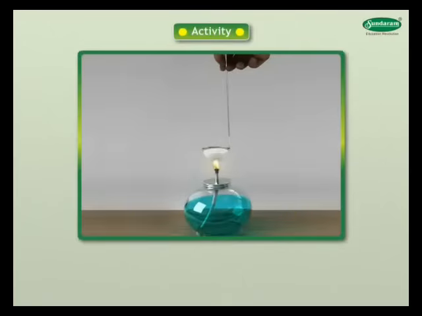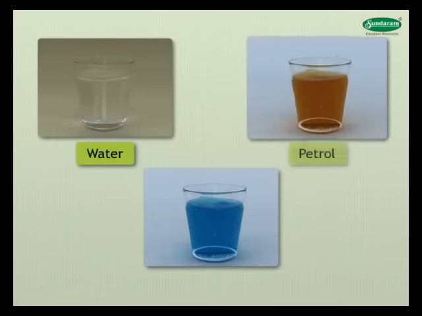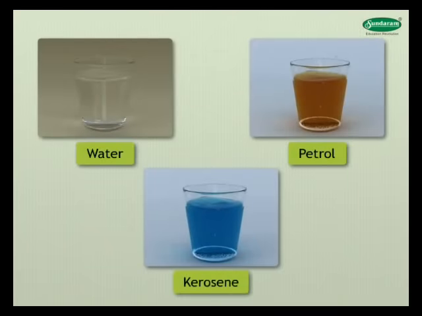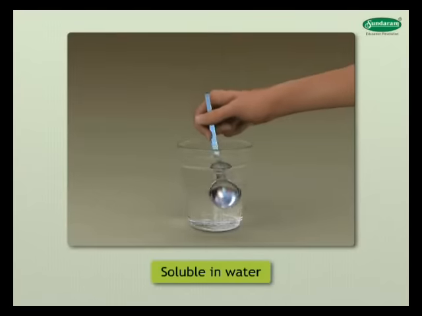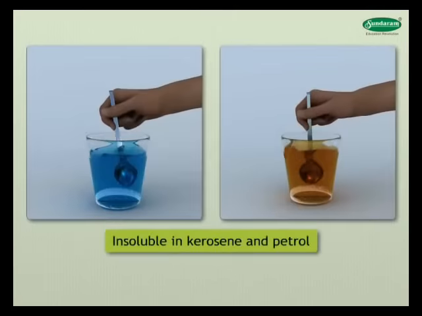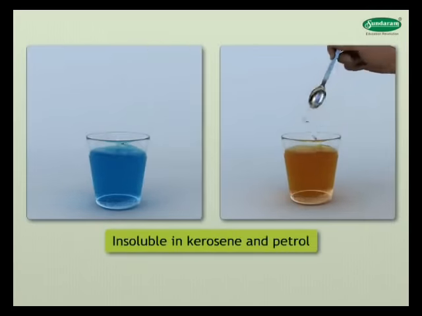Take a small amount of a sample on a metal spatula and heat directly on the flame. Also, try to dissolve the samples in water, petrol and kerosene. Are they soluble? Samples are soluble in water and insoluble in solvents such as kerosene and petrol.